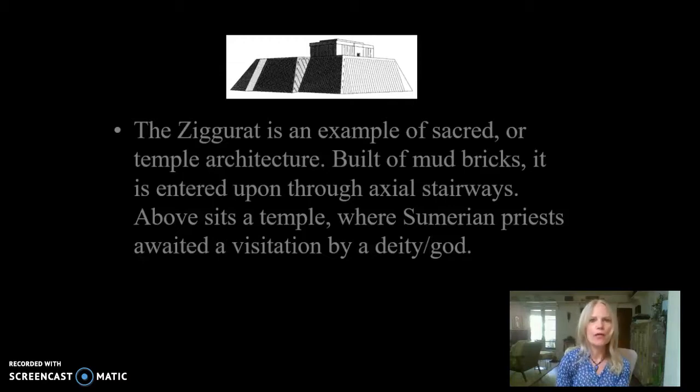What you find also characteristic of ziggurats are these axial stairways, and I'll show you some diagrams in a minute. And then also you find on the very top a temple. So the ziggurat is made up of this sloped platform. So you can see here this almost trapezoidal-like shape that would elevate the temple on the very top. And it's from this temple that only Sumerian priests and maybe the king or queen would be allowed to enter that sanctuary.